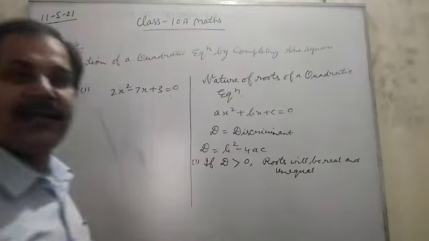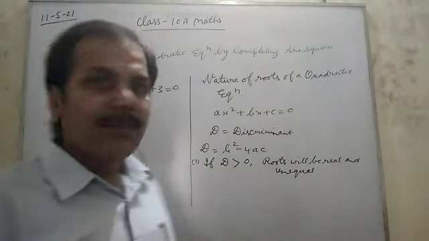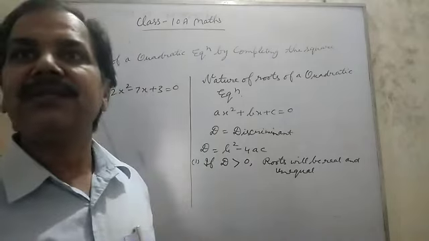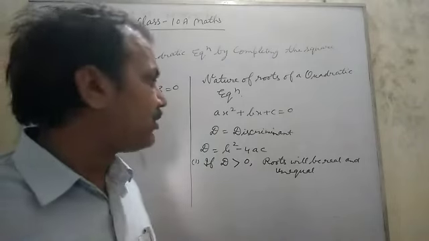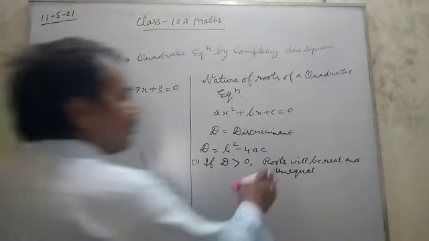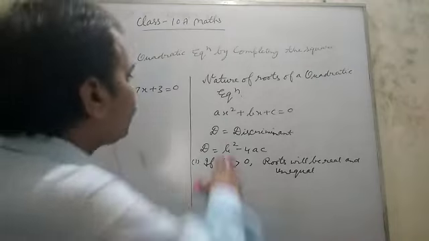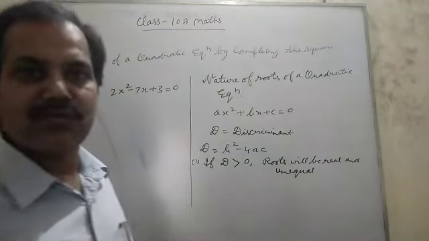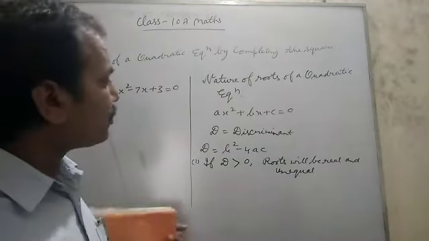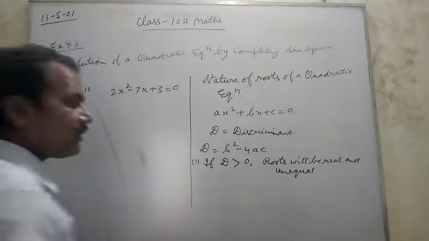Means roots will be real, we know that all numbers which exist in this universe are called real numbers. So roots will be real and unequal, means how many roots will a quadratic equation have? So 2 roots. So both roots will be real but not equal. Unequal means both are not equal.